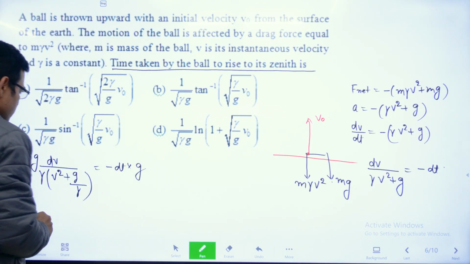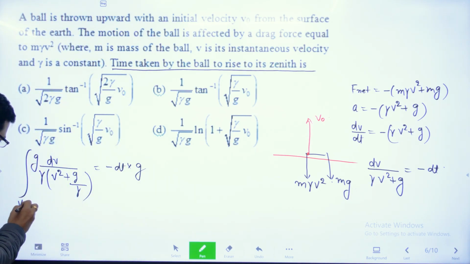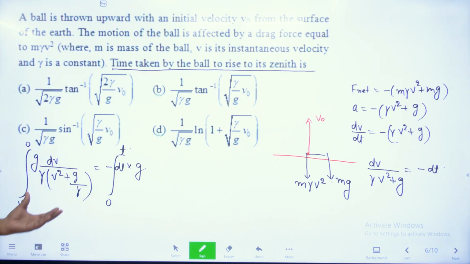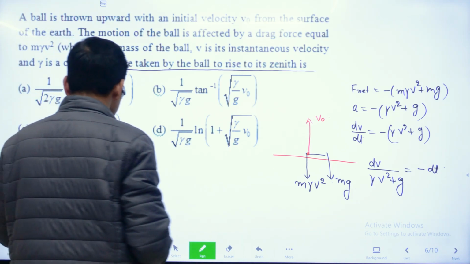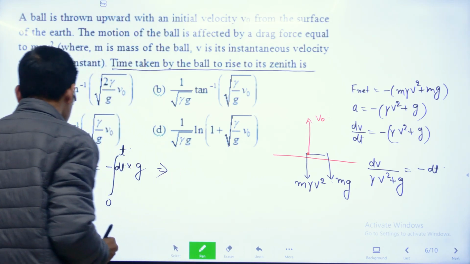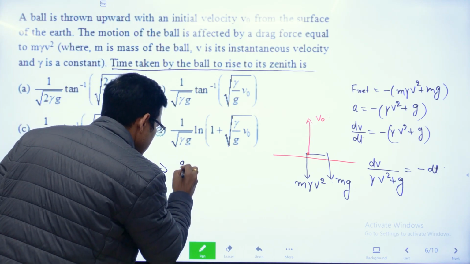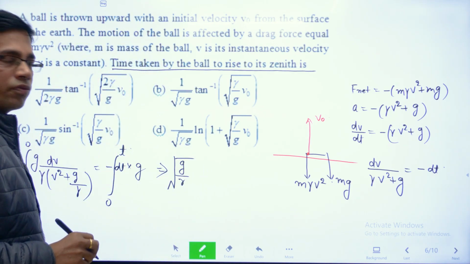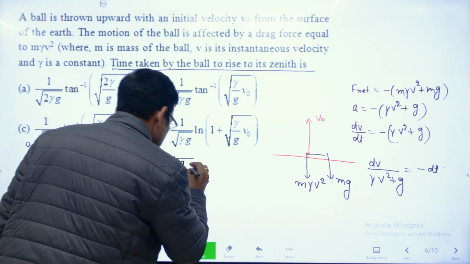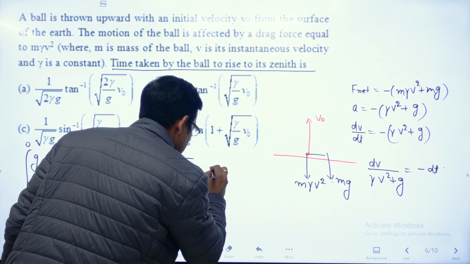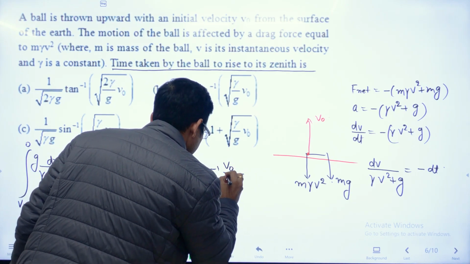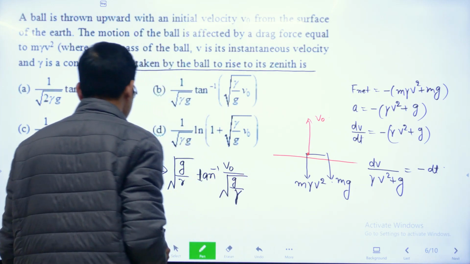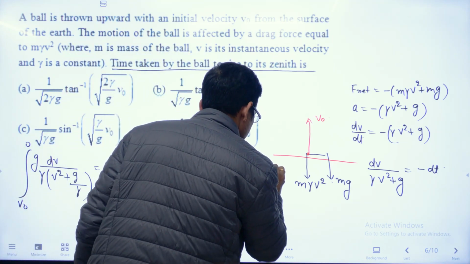Now we have to integrate it from v0 to 0, and t from 0 to t. अब इसका मुझे इंटीग्रेशन करना है, सो इसकी जो इंटीग्रेशन होगी, that is root under of g by gamma into tan inverse v0 divided by root under of g by gamma, and that is equal to g into t.